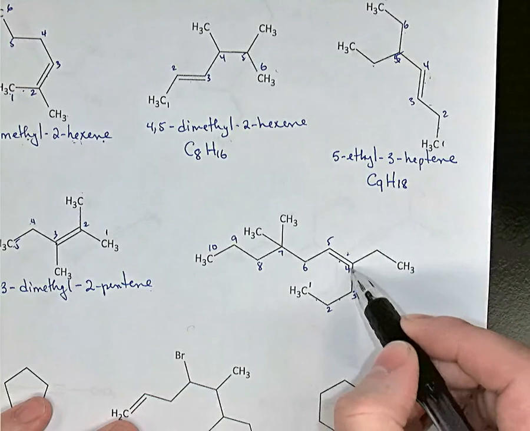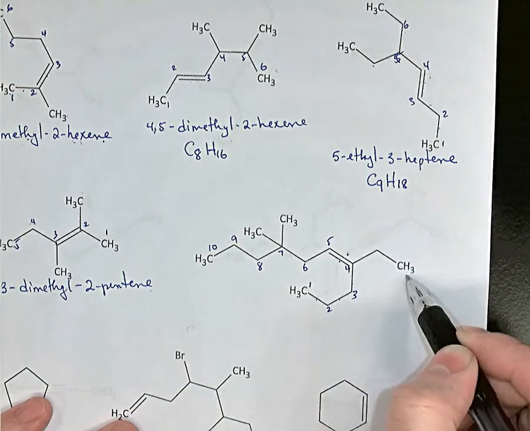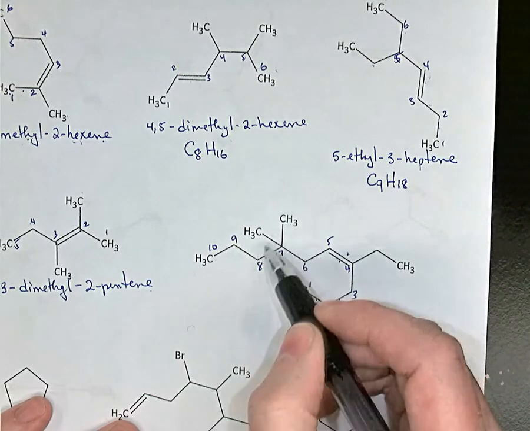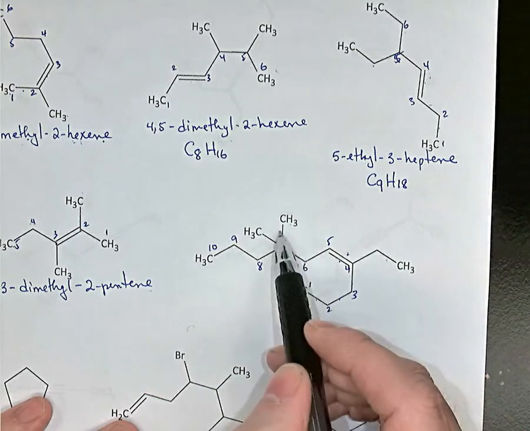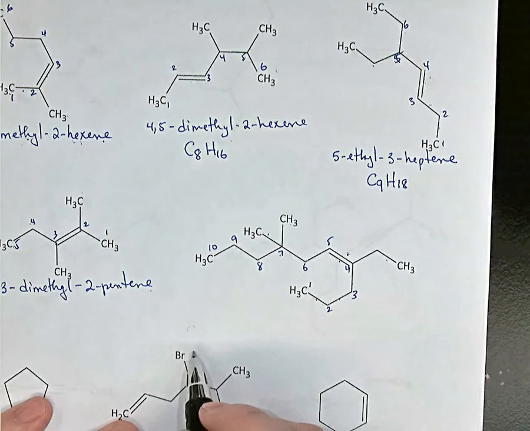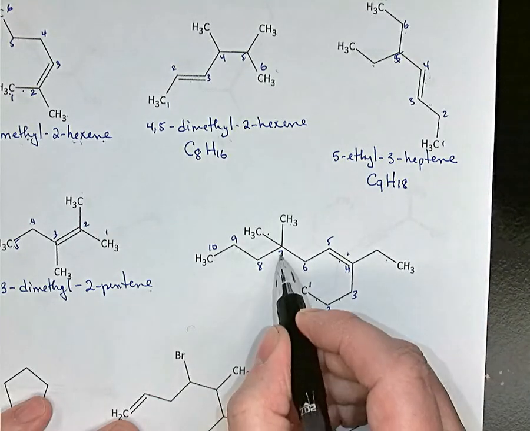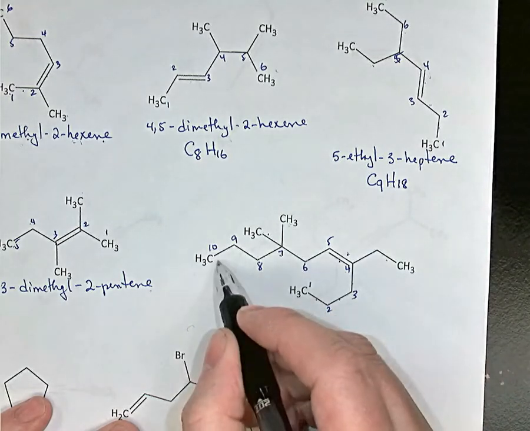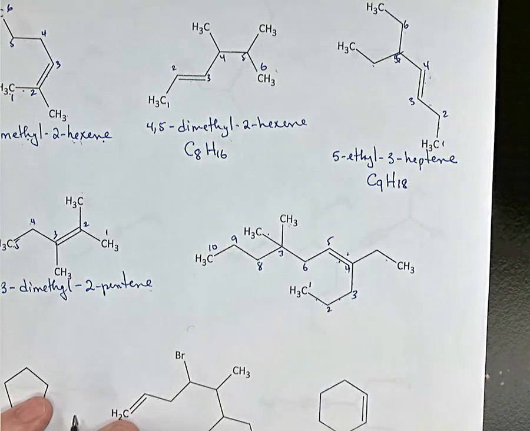And then we've got branches. We've got on carbon number 4, an ethyl branch with 2 carbons. And on carbon number 7, we have 2 methyl branches with 1 carbon each. We're going to name ethyl before we name methyl alphabetically. So putting it together, carbon number 4 has the ethyl branch, carbon number 7, 2 methyl branches, decene is our parent molecule, and it was the 4th bond, which was the double bond.